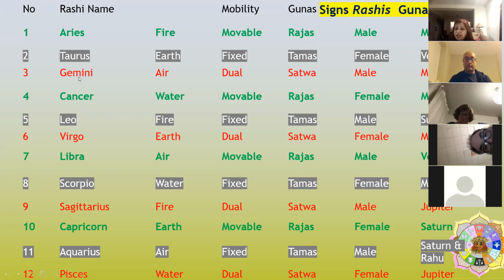Now Gemini is the first air sign, just like Taurus is the first earth element, and Aries the fire. There's another distinction I want to bring in at this point, because we are doing the elements as well.